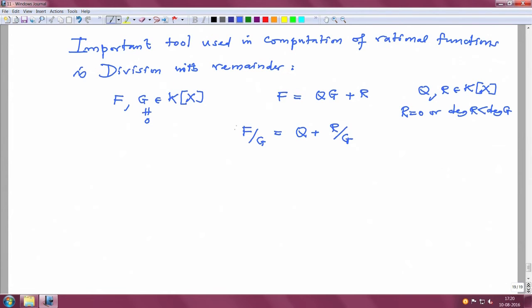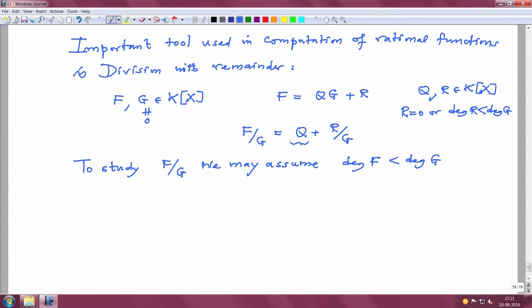So if I want to study these rational functions f by g, this is a polynomial, q is a polynomial. So I might concentrate on the r by g. So to study f by g, we may assume the degree of the numerator is strictly smaller than the degree of the denominator g, because q is a polynomial.